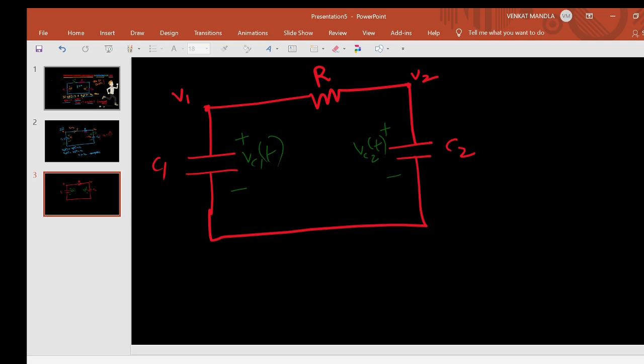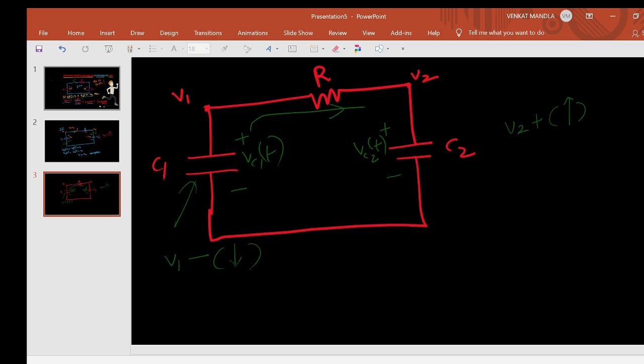If t tends to infinity, when they reach steady state, what happens? Capacitor C1 delivers power and capacitor C2 absorbs power from it up to some value. The voltage of C2 keeps increasing, and the voltage of capacitor C1 keeps decreasing up to a certain value.